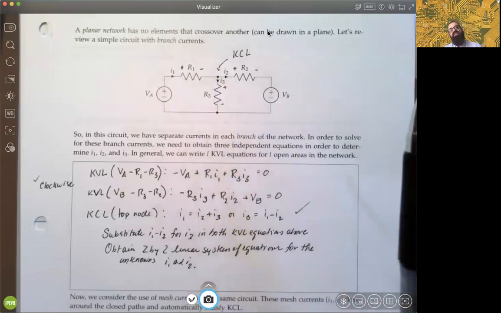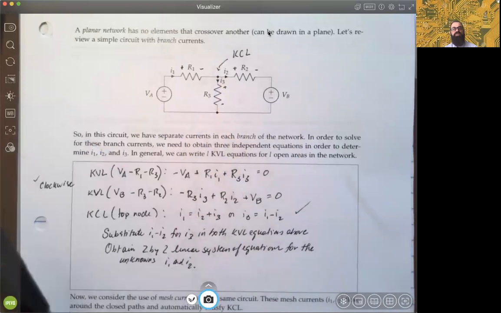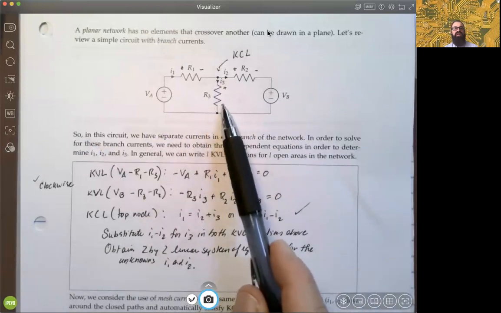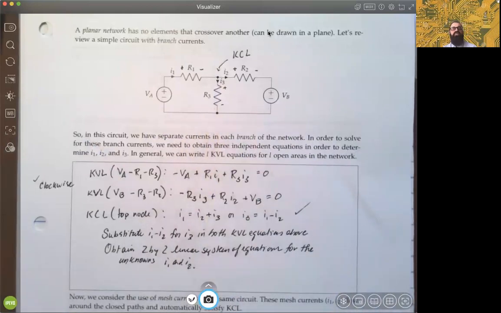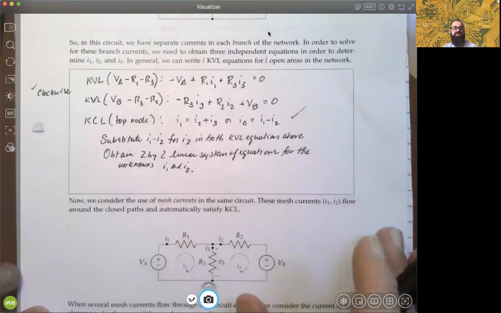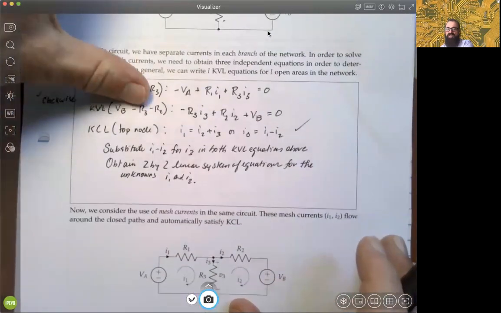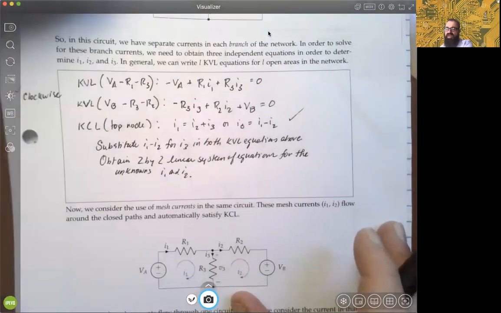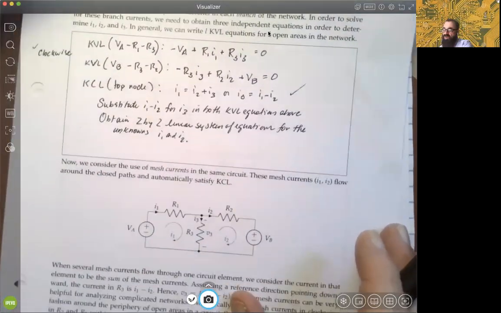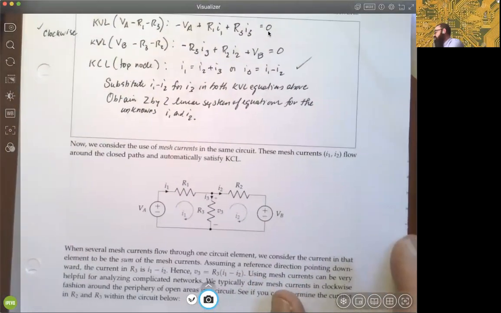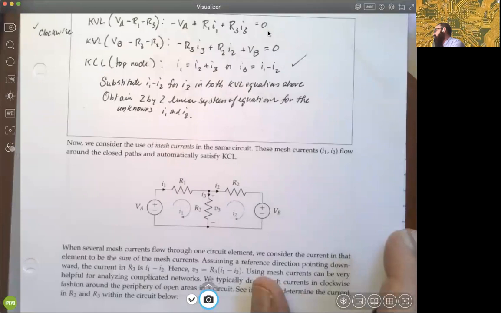What's interesting is that we have 2 representations of current coming through the same resistance, all right? And so that leads us to this concept of mesh currents. I think you'll find mesh currents very handy. It's a very nice way of resolving independent equations, again, to be able to solve for unknowns.